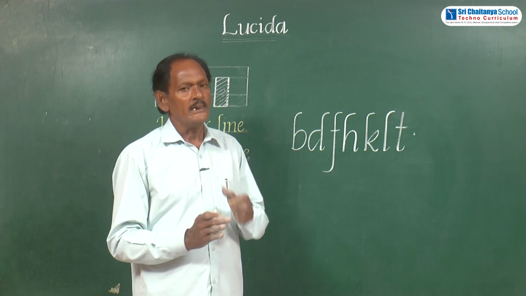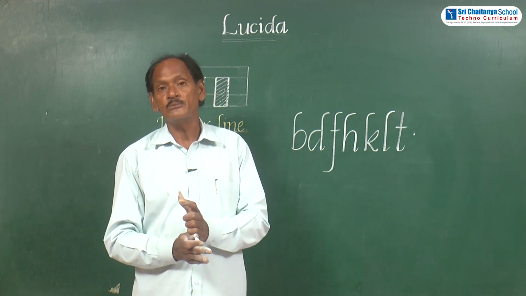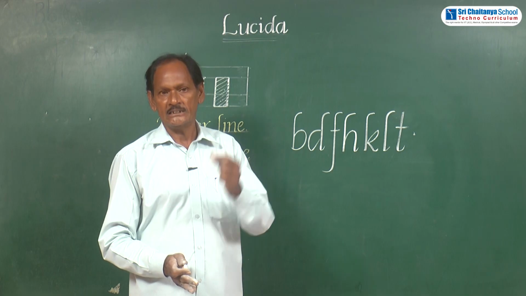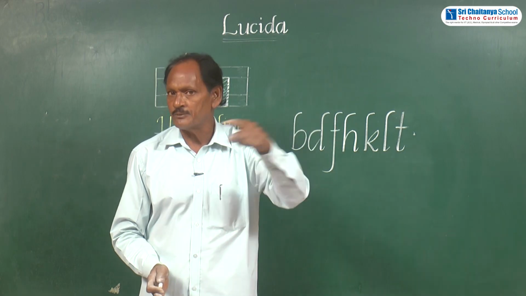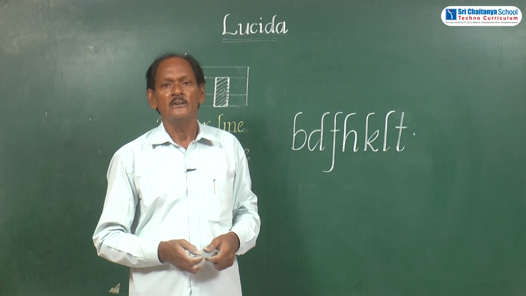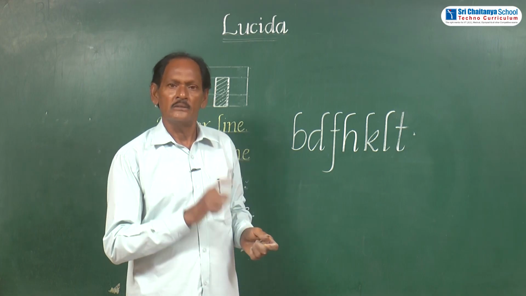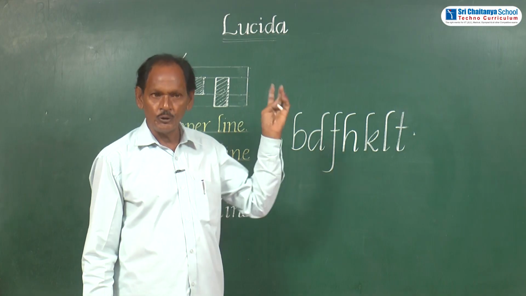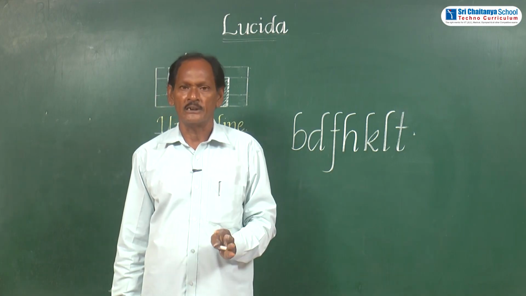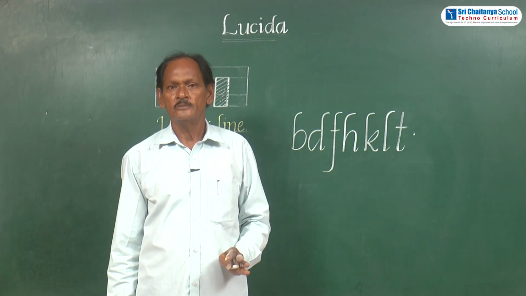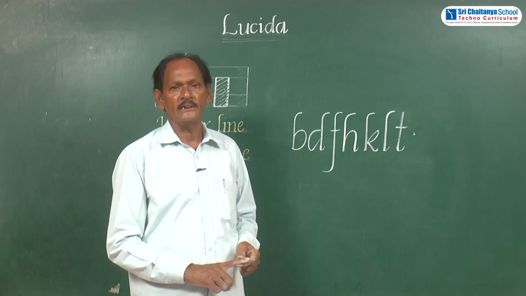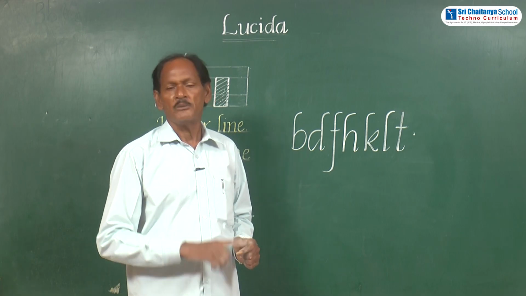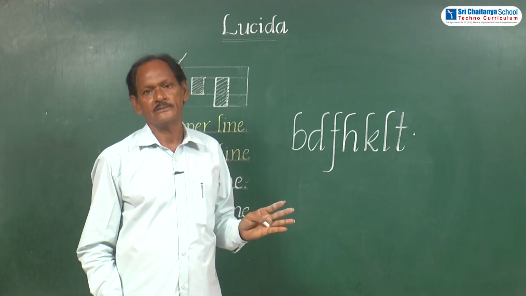That is why in our Sri Chaitanya the handwriting books are given with the 4 lines, even for the students of CBSE and the techno and non-techno students also. For all, the 4 lines handwriting copy books are given. It is because the practice of handwriting must be done in 4 lines.